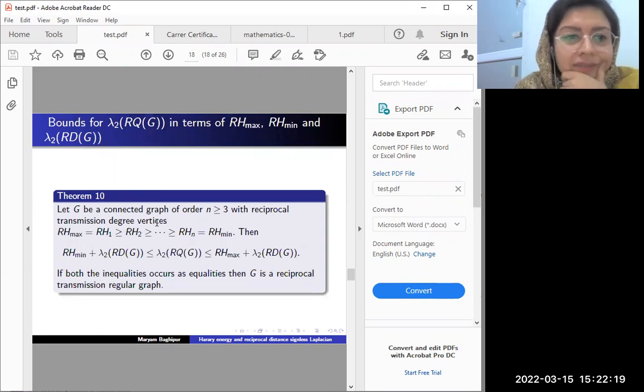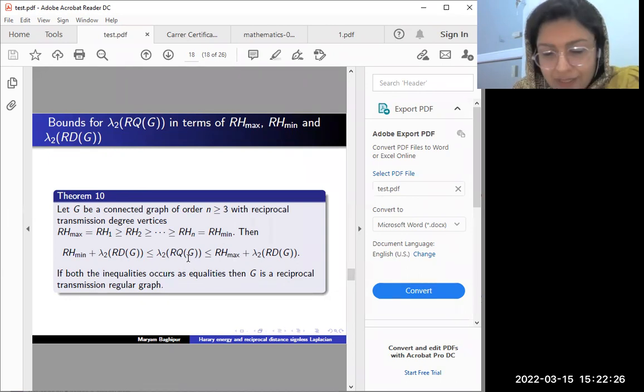And the last, we obtain a relationship between the second largest of reciprocal distance and the maximum reciprocal and minimum reciprocal transmission, and the second largest of reciprocal distance and reciprocal distance second largest.